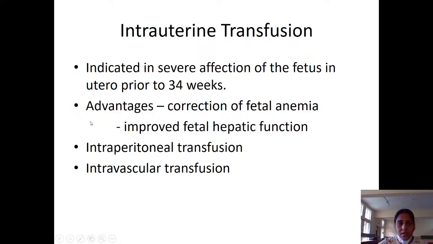If the baby is severely affected, some need intrauterine transfusion. This will correct the fetal anemia and improve fetal hepatic function. It can be done either intraperitoneal or intravascular.